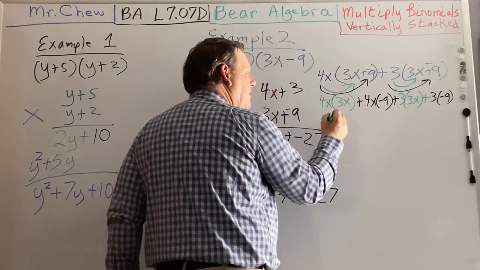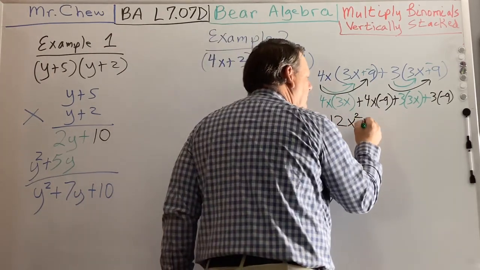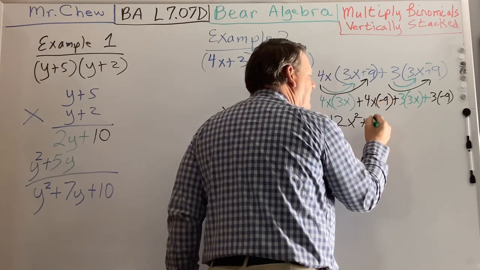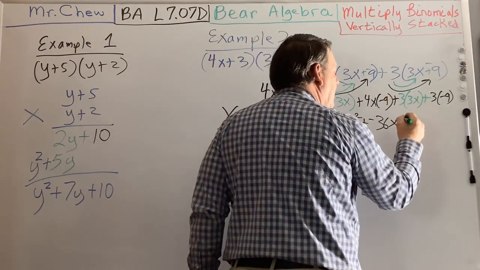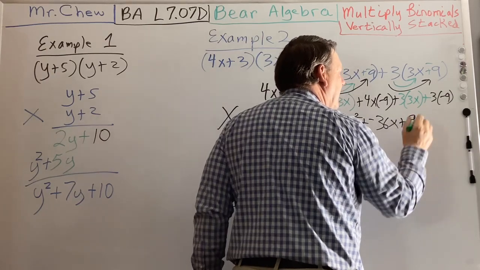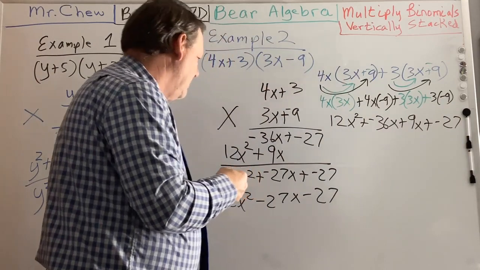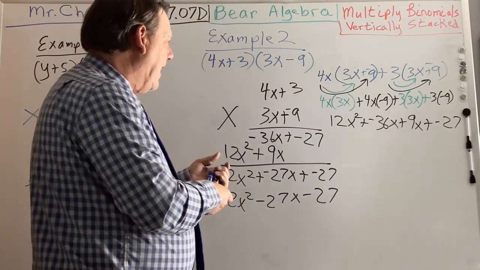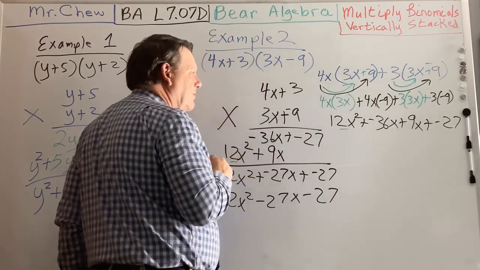So this is 3 times 4 is 12. X times x is x squared. 4x times negative 9 is negative 36x. 3 times 3 is 9, and those are x's, plus negative 27. Now look and see what we had here. We have a 12x squared, and there's a 12x squared.